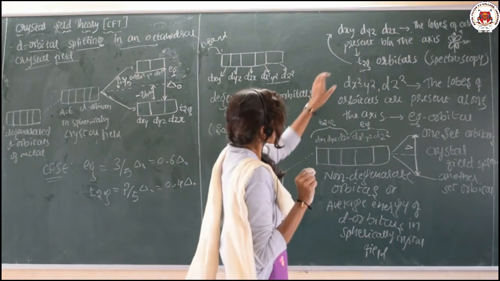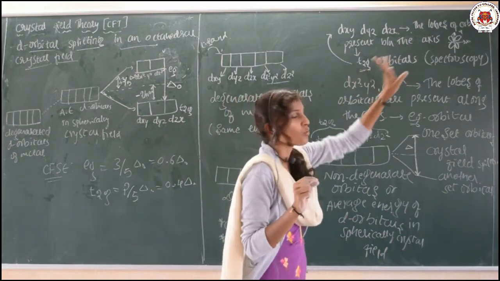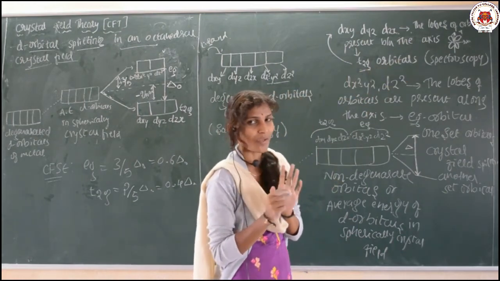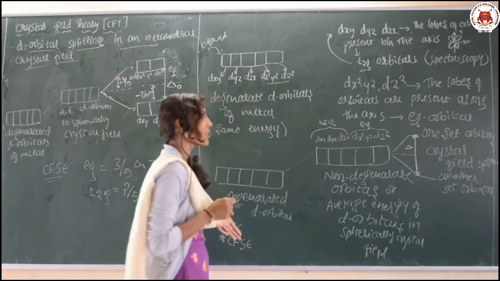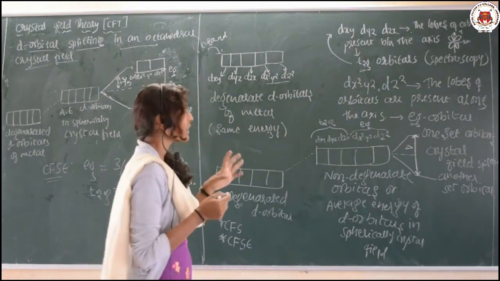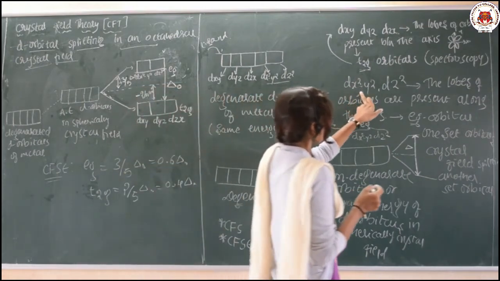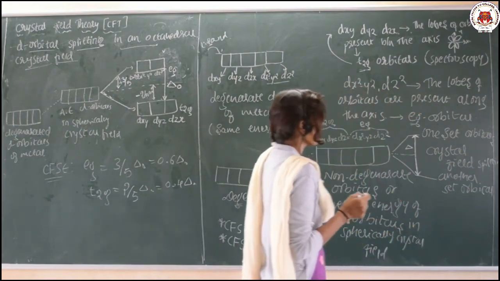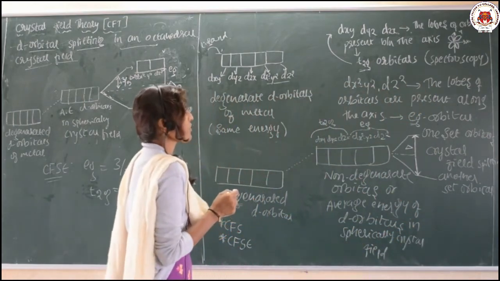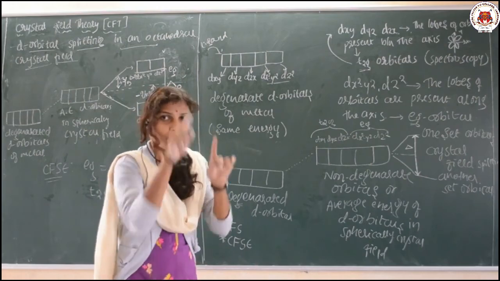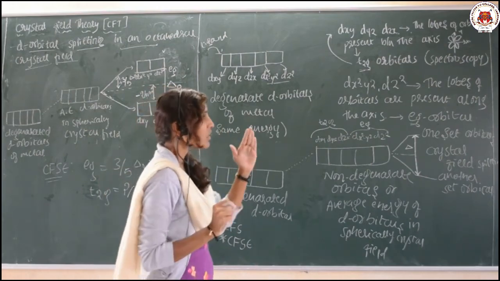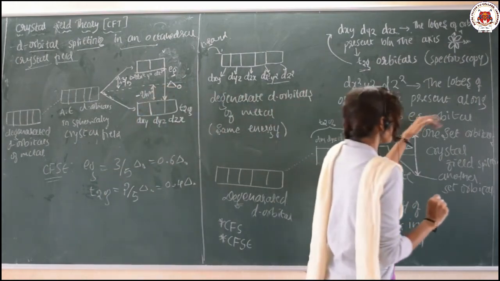So, these are considered as t2g orbitals according to spectroscopy. Spectroscopy has given that term t2g, and then dx square minus y square and dz square, here the lobes of the orbitals are present along the axis. Along the axis these are present, and this is referred to as the eg orbitals.